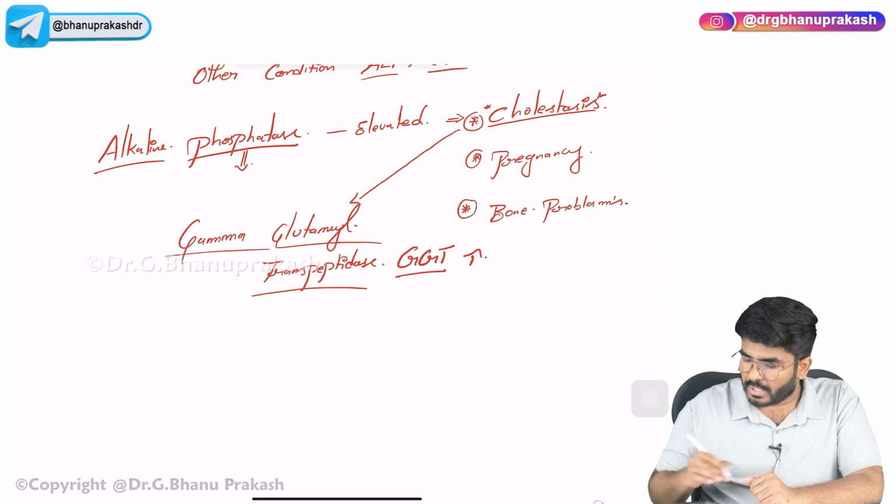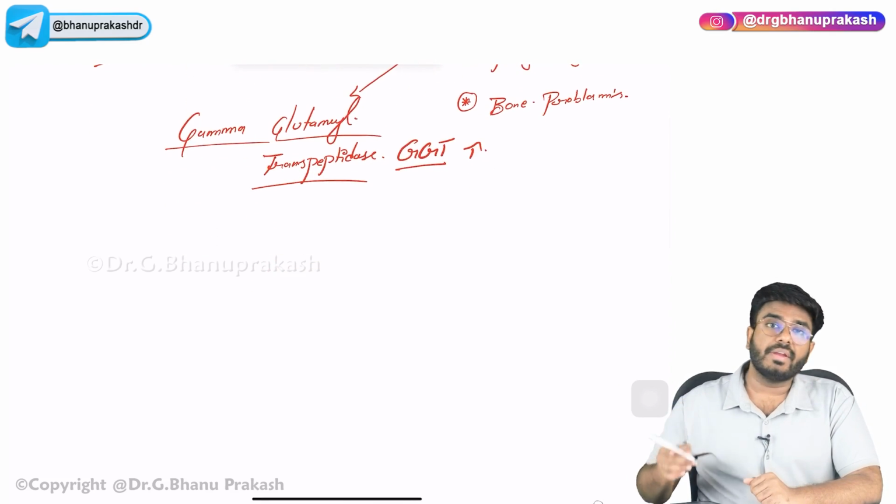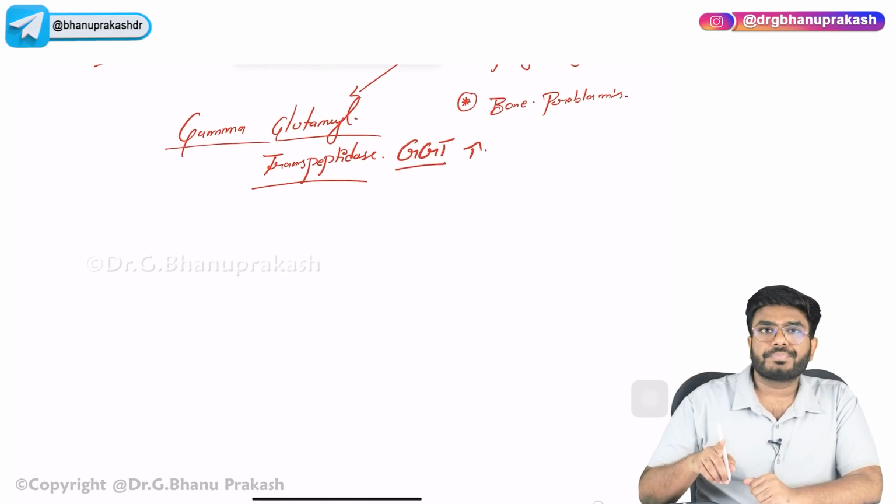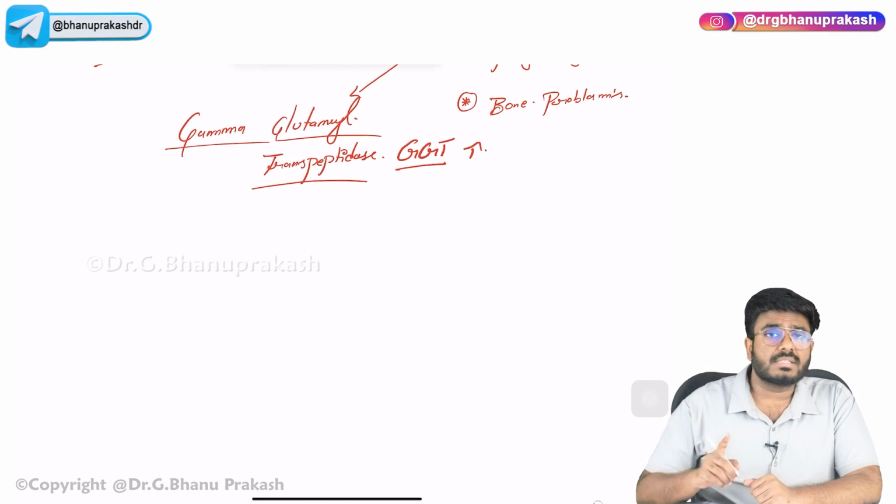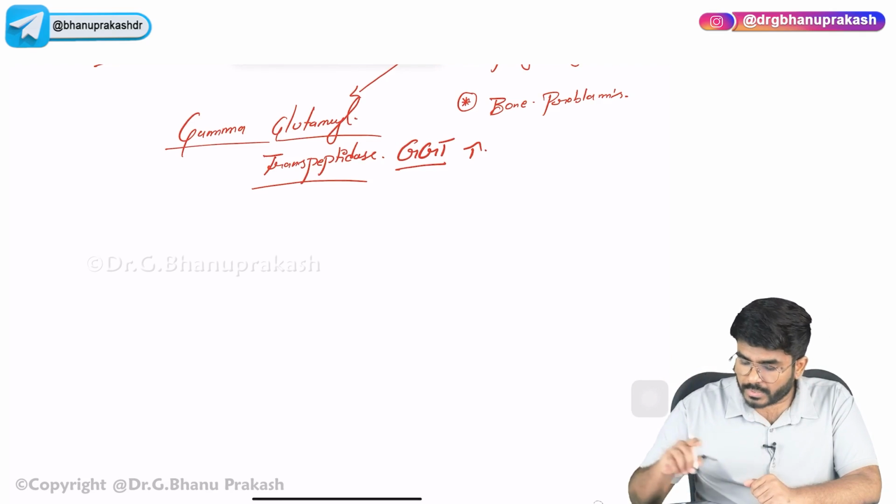The GGT levels are elevated in cholestasis, not in pregnancy, not in bone related problems.